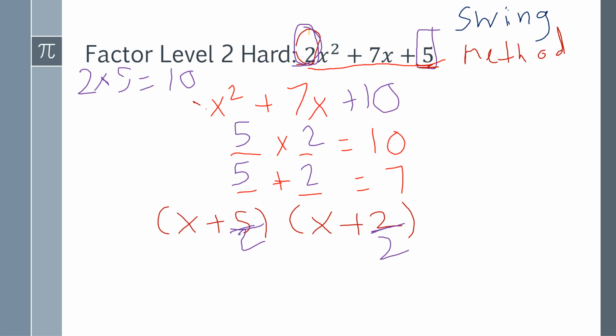So ask yourself this question. Does 5 divided by 2, does that give you an integer? No, it does not give you an integer.